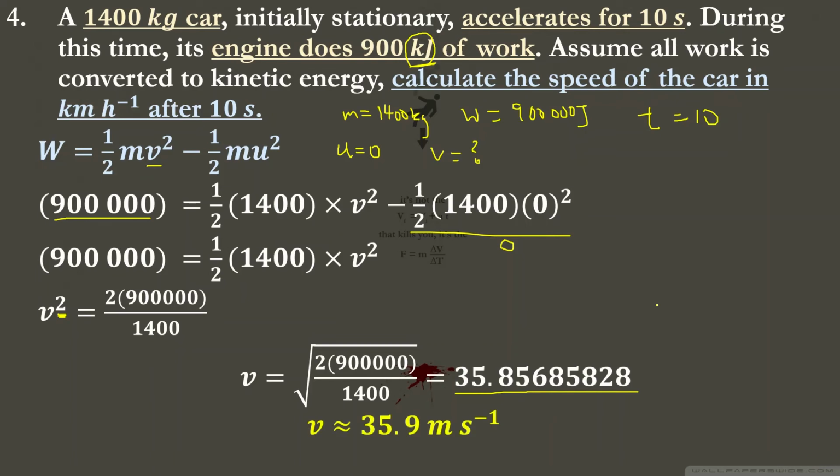And so it rounds off to 35.9 meters per second. If we want to do what the question was asking, which was to convert into kilometers per hour, you can simply times our value by 3.6, which I can give you a rough estimate, would be about 129 kilometers per hour.